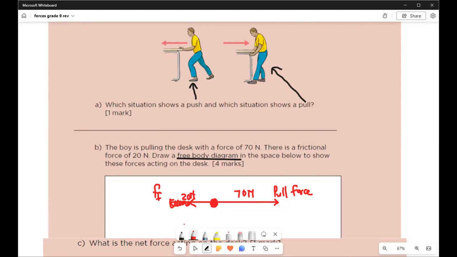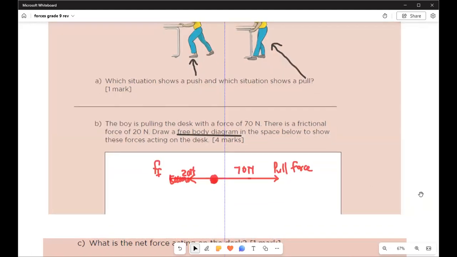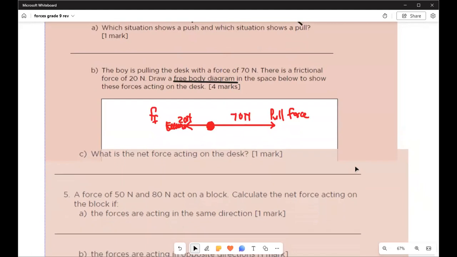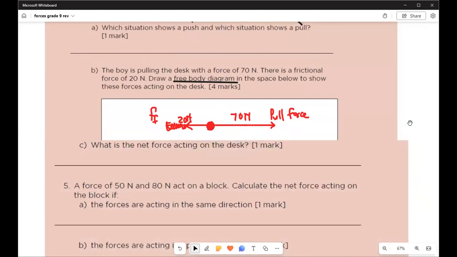Then there's what we call a net force, which is the second question, basically. A net force is the overall force that the object experiences. It is the sum of all the forces experienced by the object. All the forces in the direction of the motion, you make them positive.